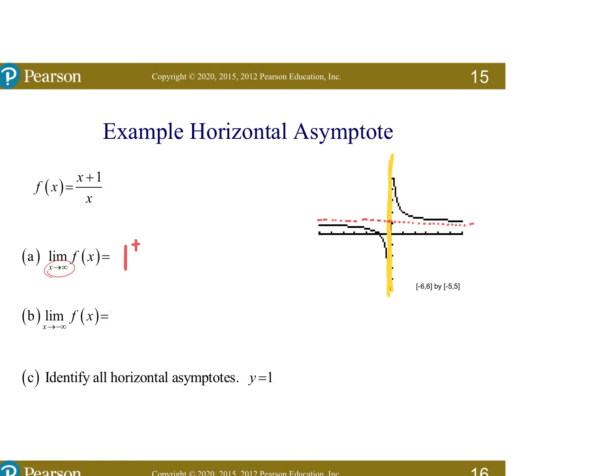And when you're approaching negative infinity, that's the one heading out through quadrants 2 and 3, we will be getting closer and closer to 1, but from the underside. You're always going to be a little smaller than 1. You'll never quite get there. The limits are 1 plus and 1 minus. The name of the horizontal asymptote is just y equals 1. It's the integer value. That's the name of it.